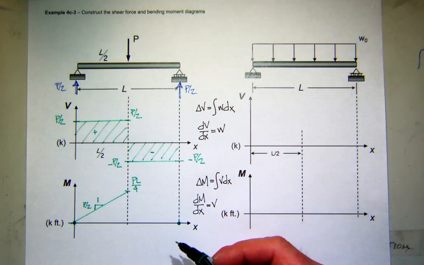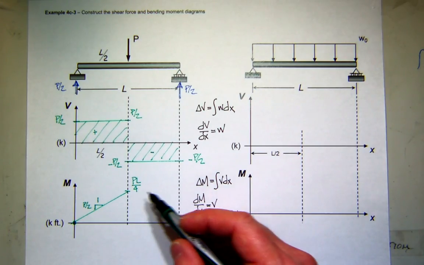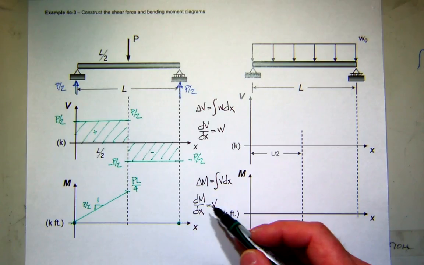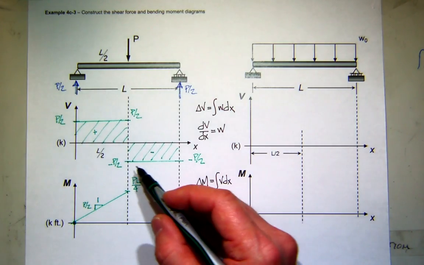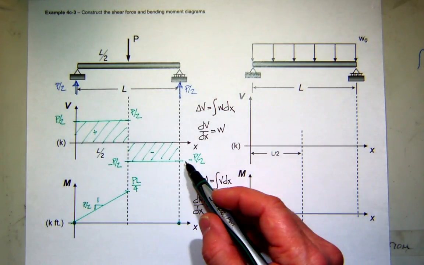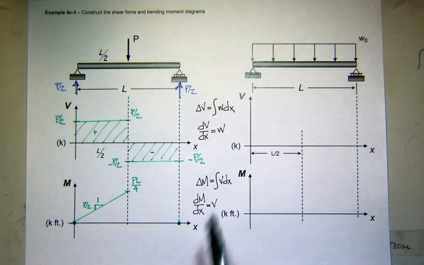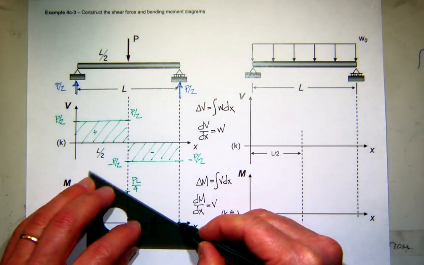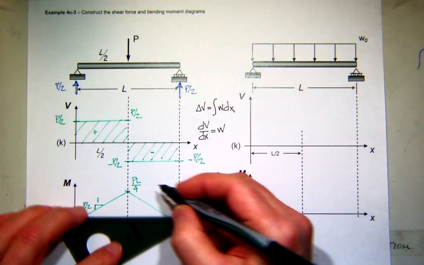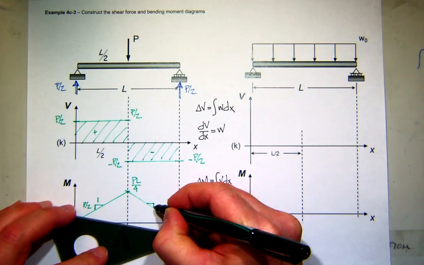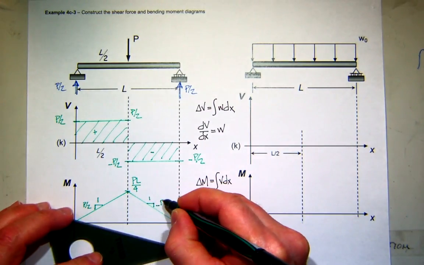Yay. What's the slope of the line here? Constant. It's the shear, and the shear is everywhere there the same value, and it's negative. So again, this would be now negative P over 2 for the slope.